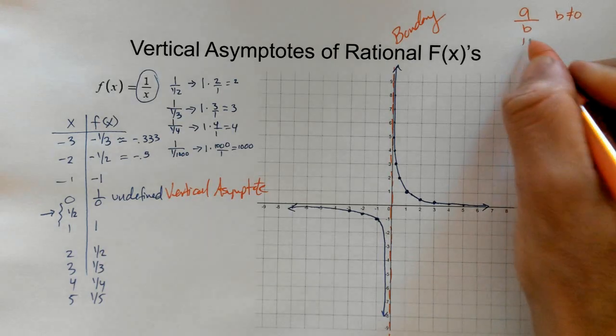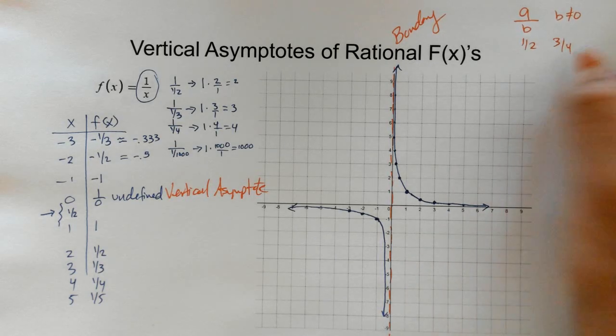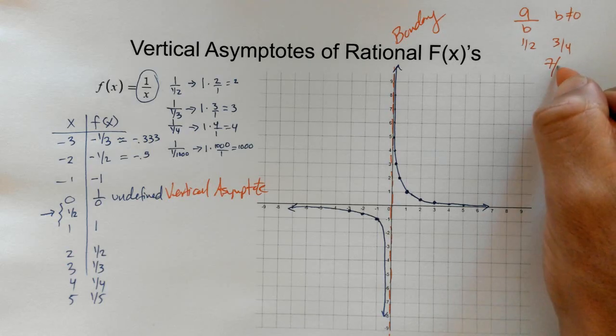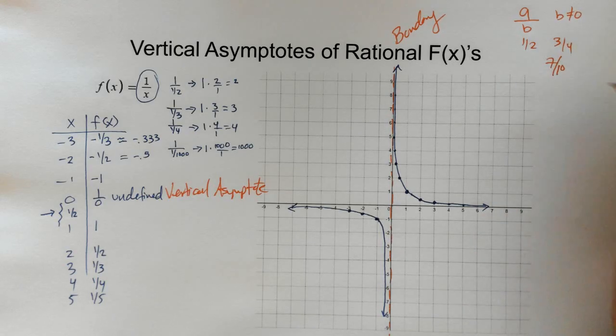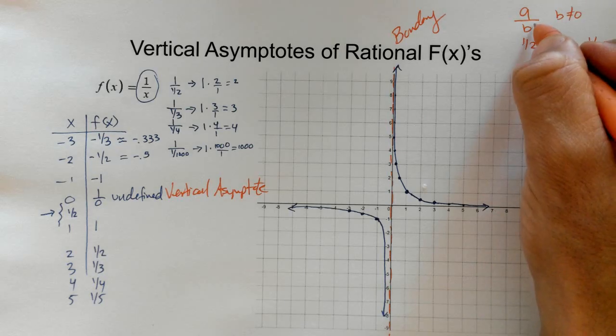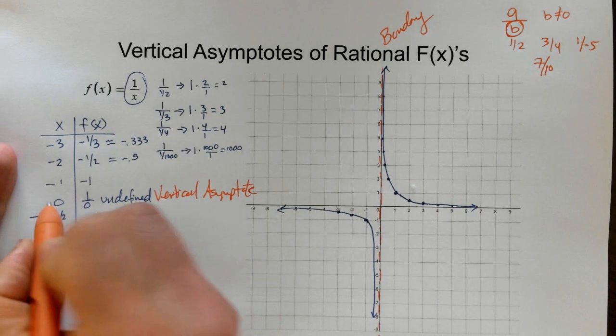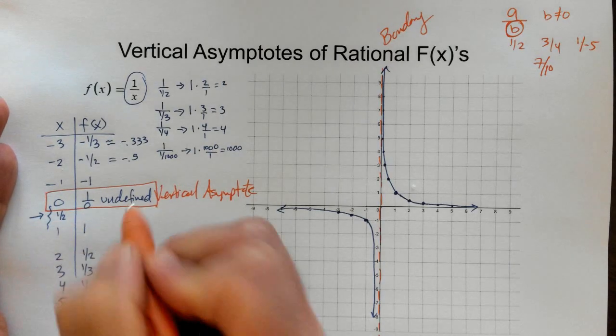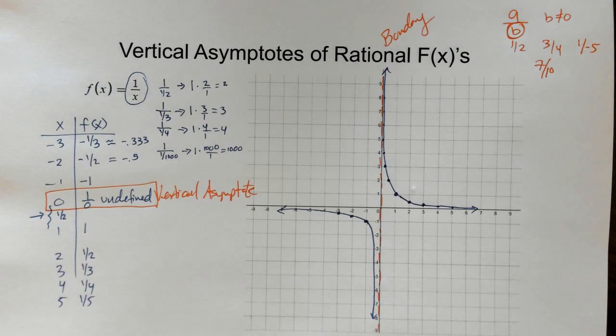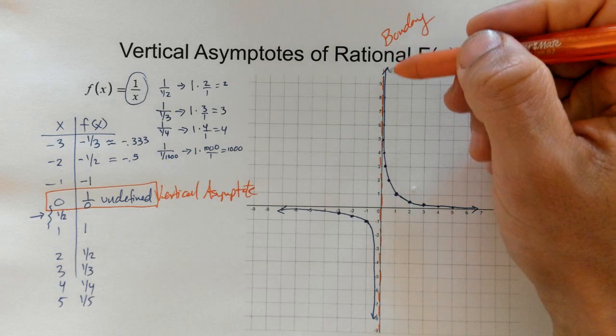I can write 1/2, 3/4, 7/10, any number I want. I can even have negatives, right? 1 over -5. As long as the denominator is not equal to 0, the number will exist. Well, here, plugging in 0 creates a value that does not exist. Hence, the vertical asymptote.